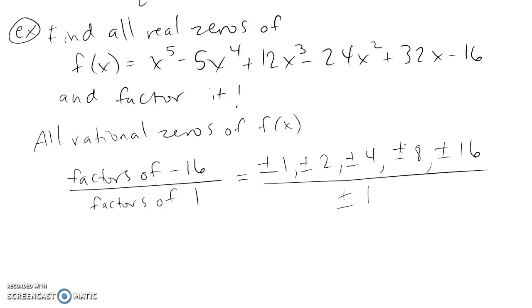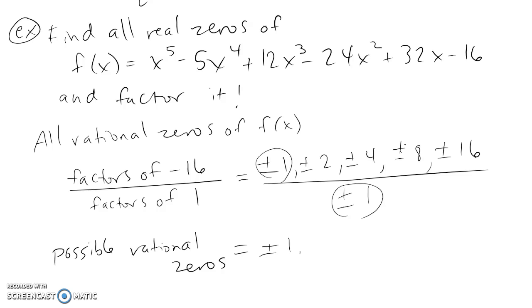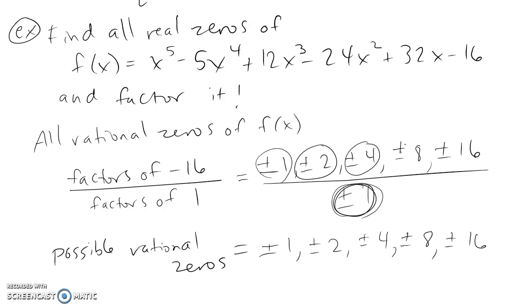So if all my rational zeros are of this form, then the possible rational zeros that I need to test are plus or minus 1, which I get by taking plus or minus 1 over plus or minus 1, plus or minus 2, which I get by taking plus or minus 2 over plus or minus 1, plus or minus 4, same way, plus or minus 8, or plus or minus 16.